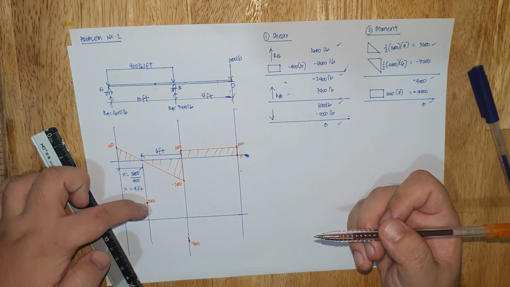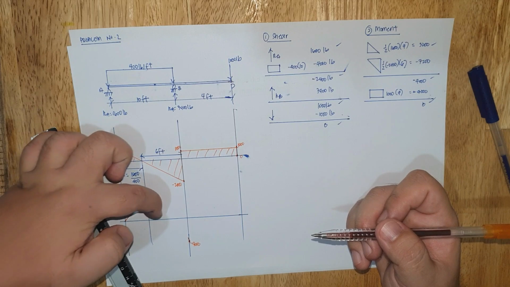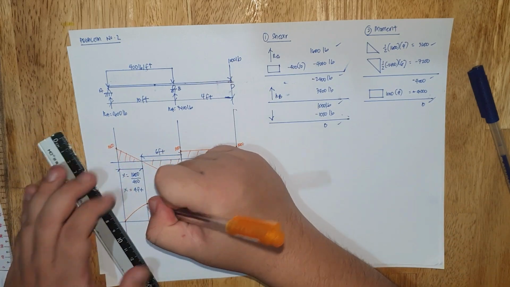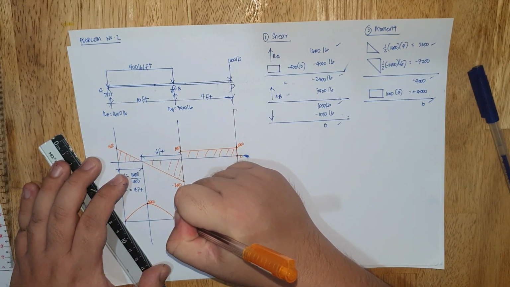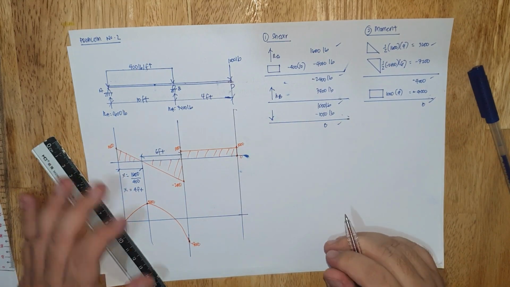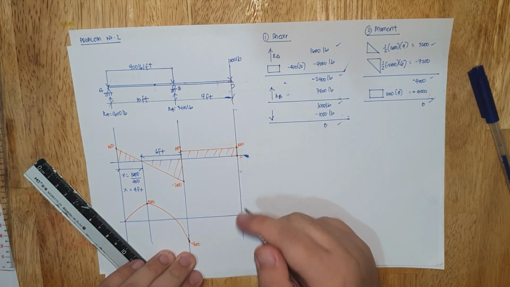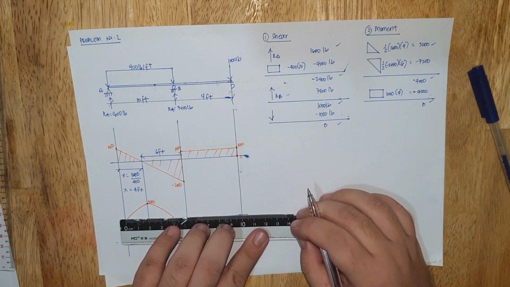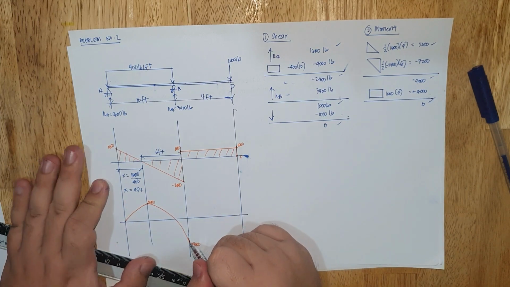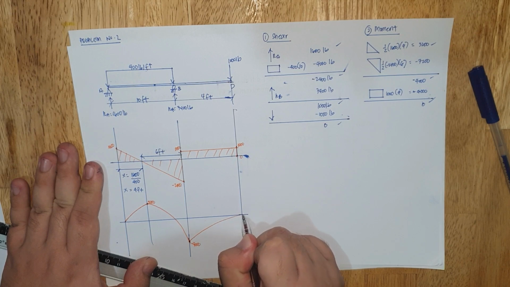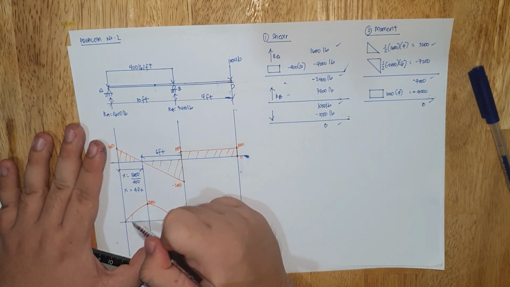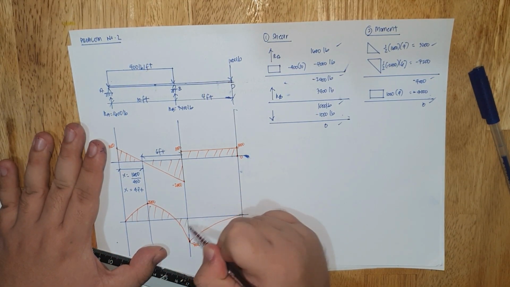Okay, so kailangan pag ganun yung curve natin pababa. Then next is magze-zero na siya dito, so kailangan natin ulit ng horizontal doon.